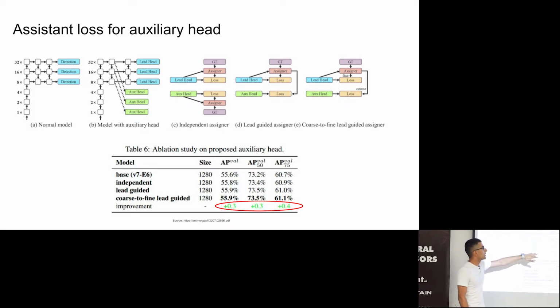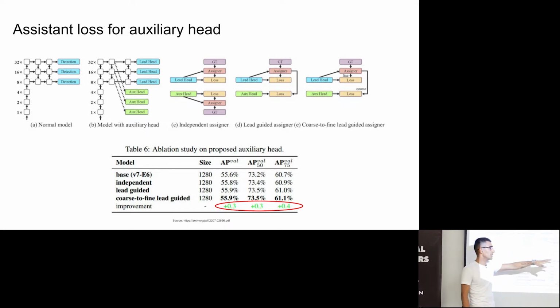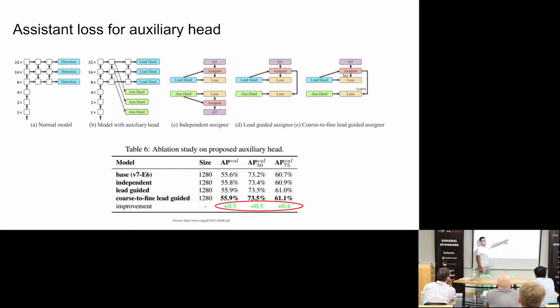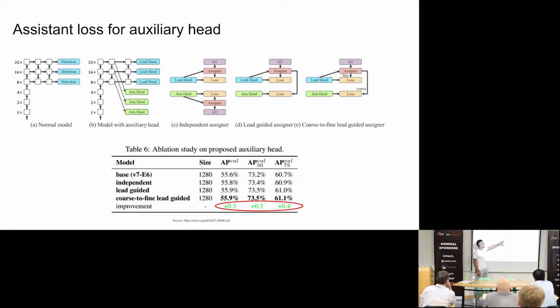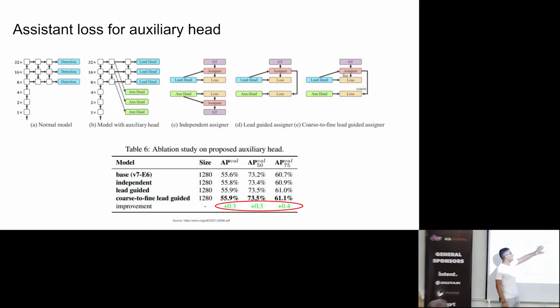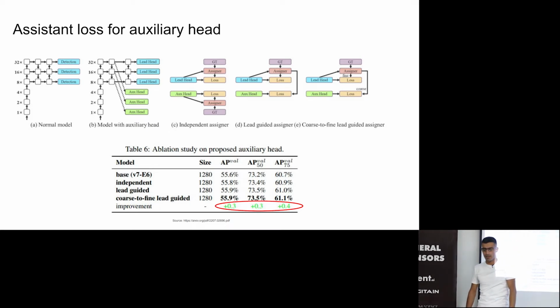How they do it, there are 3 different strategies. Independent assigner, which is the only version that's available in their code base. They use the assigner independently to assign to the auxiliary head and then to the lead head. Then the final loss is computed by taking 0.25 of the auxiliary loss and the whole part of the lead loss.